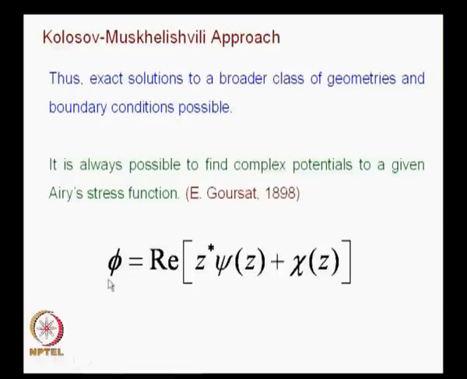And mind you, here I have on the left hand side Airy stress function, on the right hand side in general I have two analytic functions. You will have to keep that in mind. In the case of Westergaard's approach, what we saw, we have represented phi in terms of capital Z alone, but in a generic situation you find phi is expressed as function of psi as well as chi. So, there are two analytic functions involved.